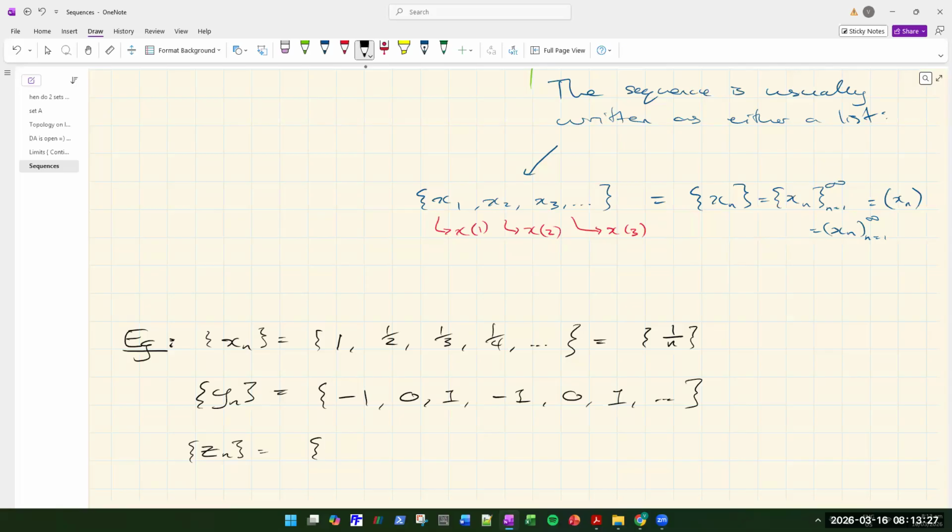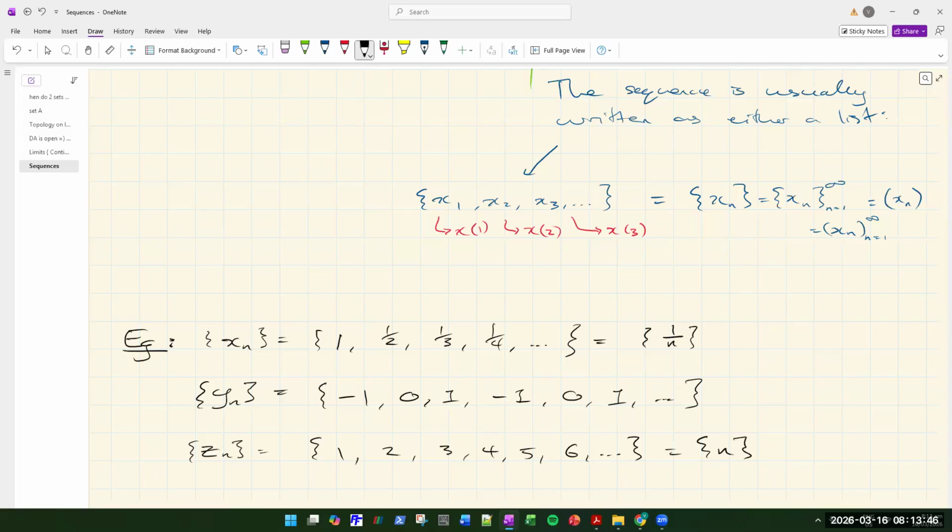What about this sequence, zn? Let's do the easiest sequence. 1, 2, 3, 4, 5, 6, and so on. Right? And of course, the general formula for the sequence is simply n.